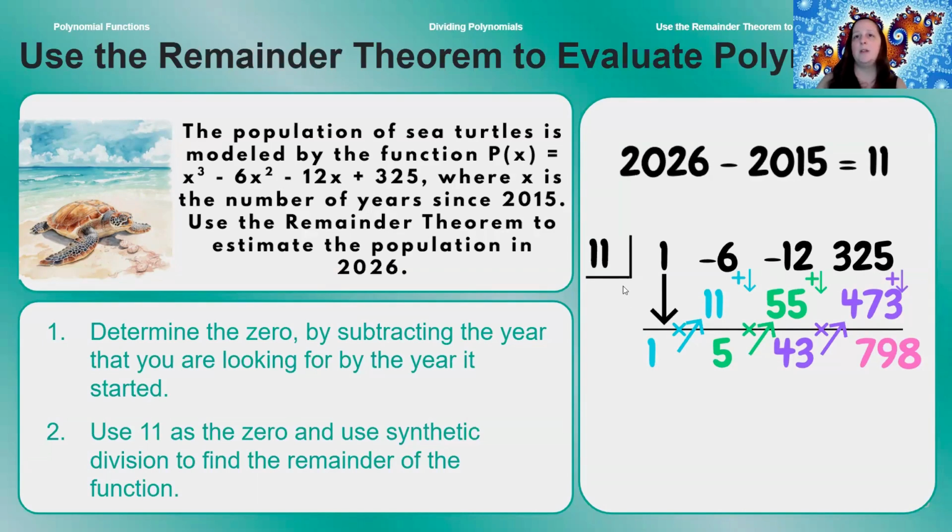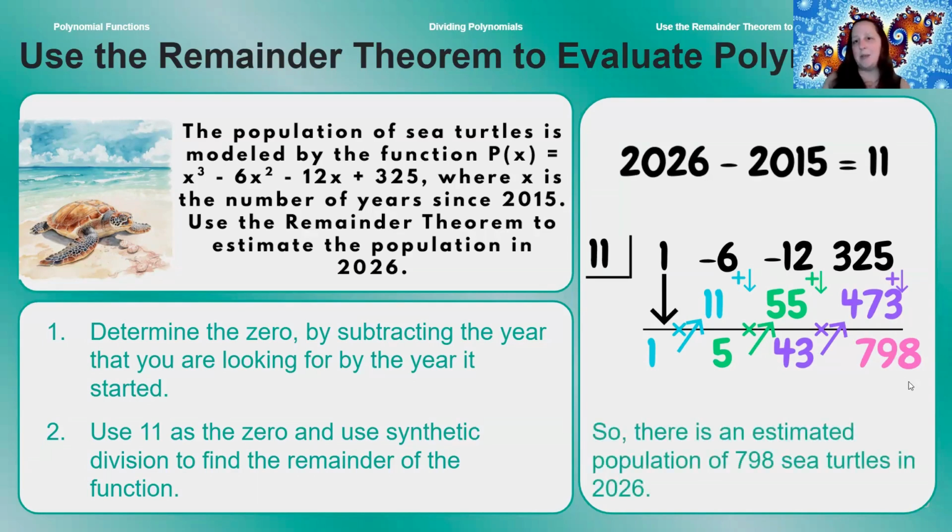I bring down my 1. 11 times 1 is 11. -6 plus 11 is 5. 5 times 11 is 55. -12 plus 55 gives me 43. 43 times 11 is 473. 325 plus 473 gives me 798. So this tells me there's an estimated population of 798 sea turtles in 2026.